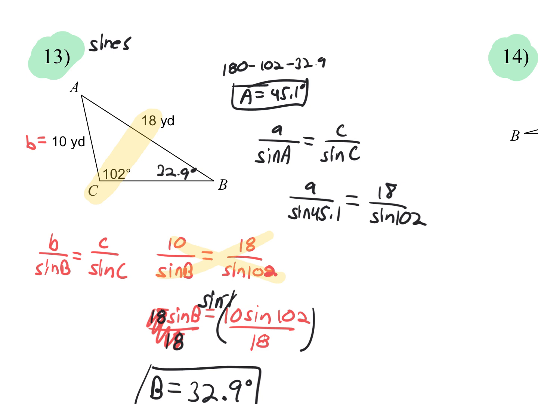Since we just need A, we don't really need to cross multiply. We just want to get the A by itself. So let's multiply by sine of 45.1 on both sides. And then when you plug this in your calculator, A should get you 13.0.